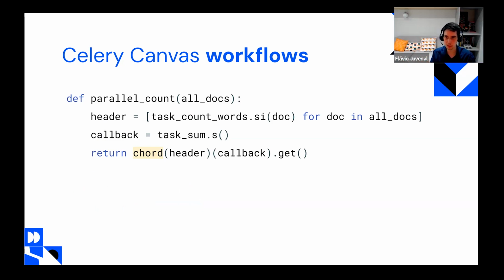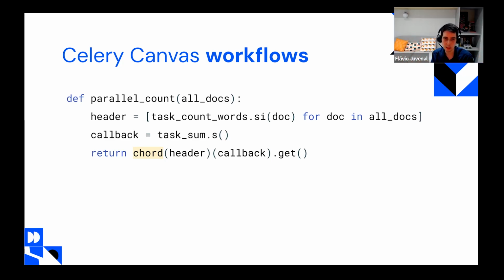The syntax is a bit strange at first glance, but you can check the documentation, it's great. We are iterating over a bunch of documents, calling task count words for each one. Not actually calling, but building the task. That's the si, which means we are preparing that task, and that's called the header, the list of tasks that we will run in parallel.